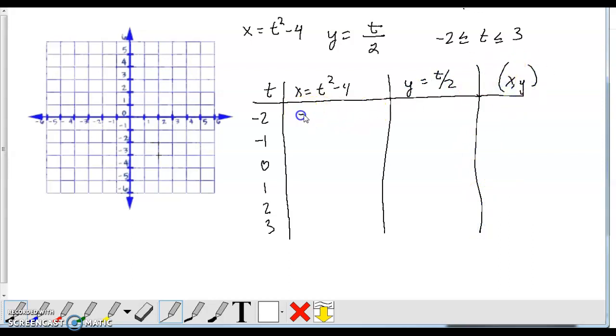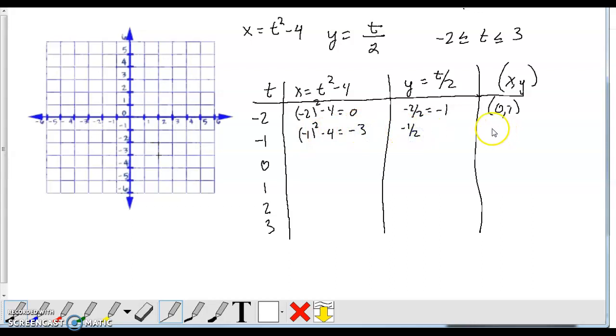If I plug in -2 squared minus 4, that's going to give me 0. -2 divided by 2 gives me -1. So 0, -1. For -1, that's going to give me -3.